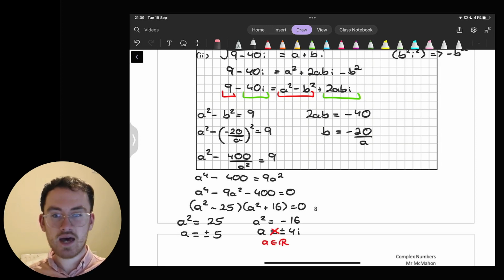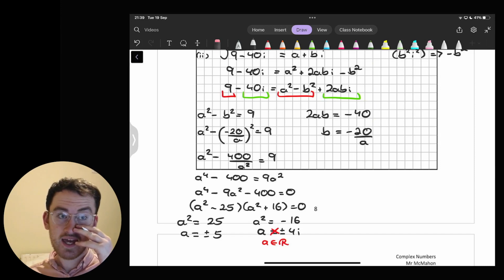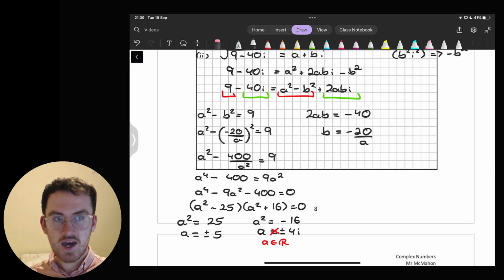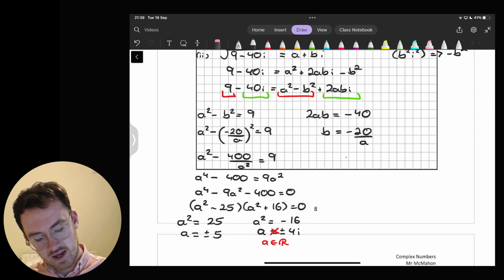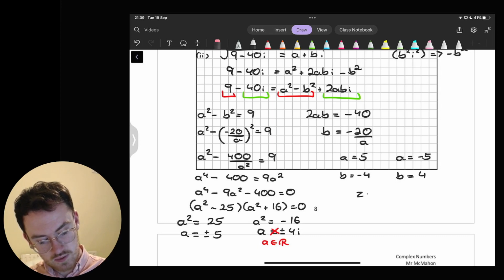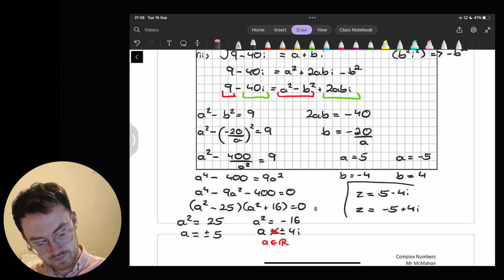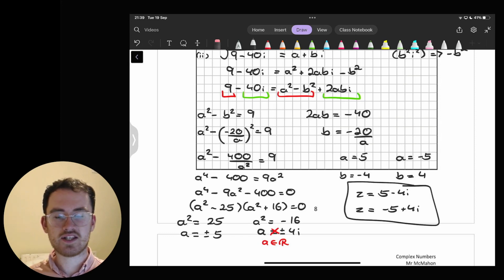And the same thing would happen if we had gone for b as well. Even though we have bi, b itself has to be a real part. We can't have 2i, okay? So if a is 5, that would make b minus 4. And if a is minus 5, that would make b 4. So my two answers are 5 minus 4i or minus 5 plus 4i.